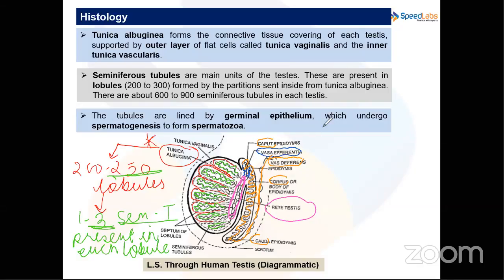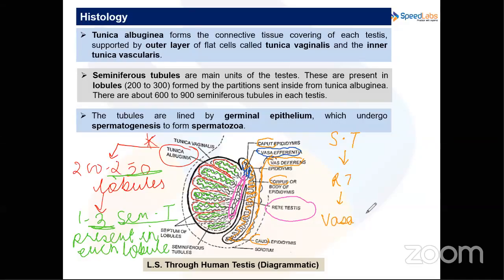All right. So let us write all the parts in order, the path which the sperm takes. You have these seminiferous tubules. ST means seminiferous tubules. From the seminiferous tubules, the sperm goes into the rete testis. RT is rete testis, and then it goes into the vasa efferentia.